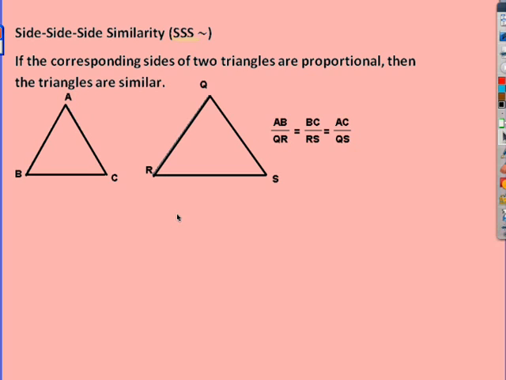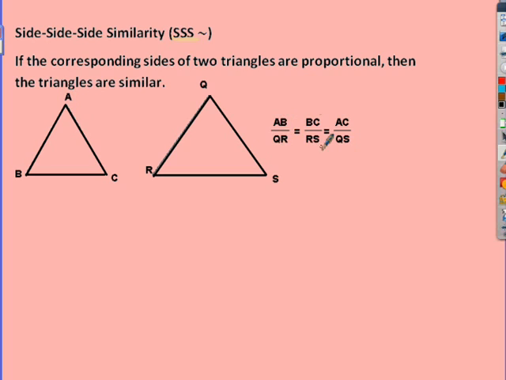Okay, the last theorem we're going to talk about is side, side, side similarity. Go ahead, copy it down, press pause, and then go ahead and press play when you're ready. So side, side, side similarity says if the corresponding sides of two triangles are proportional, then that's enough to say that my triangles are similar.